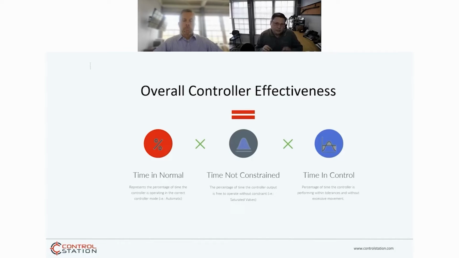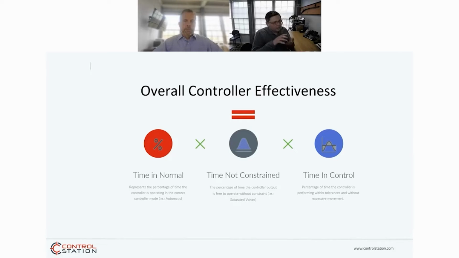But essentially, time in control is the percentage of time the controller is performing within tolerances without excessive movement, right? Are you within a certain target around set point? I'm plus and minus 2 degrees C around my target, right? And I'm not moving my control valve too much. I'm actually behaving well.